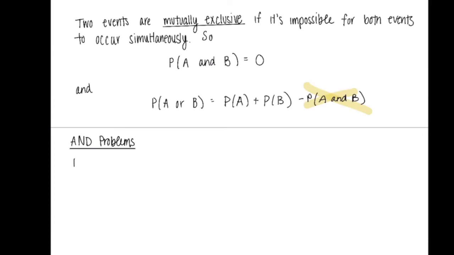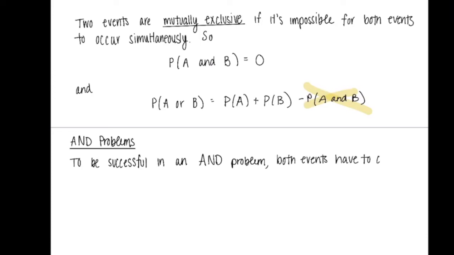So here, to be successful in an AND problem, both events have to occur. So to calculate the probability, we have the following.